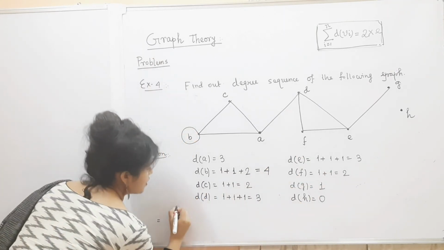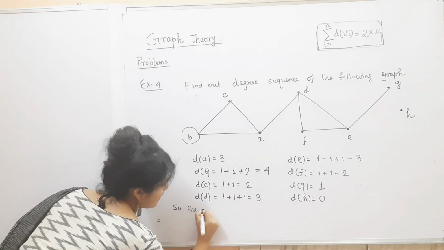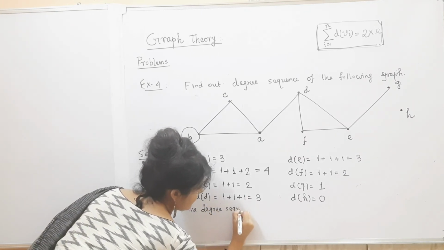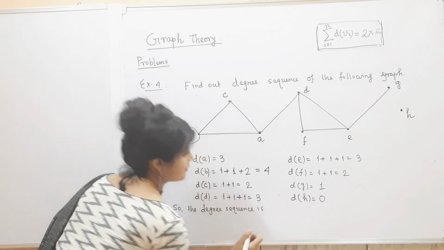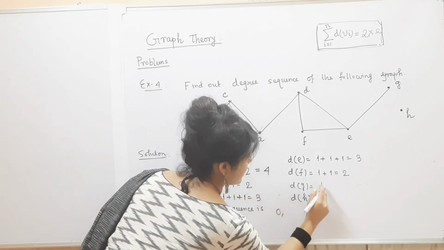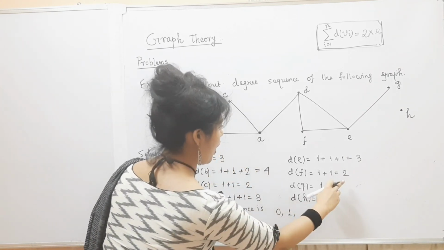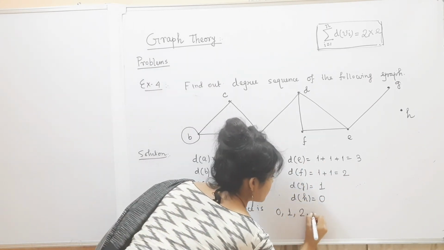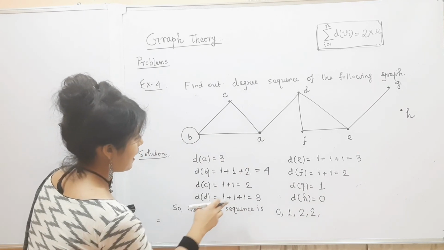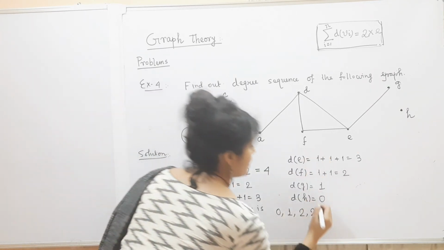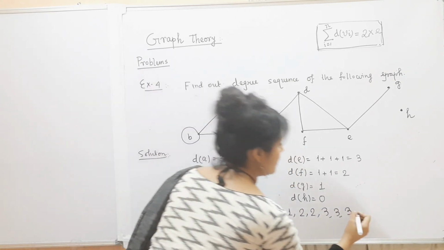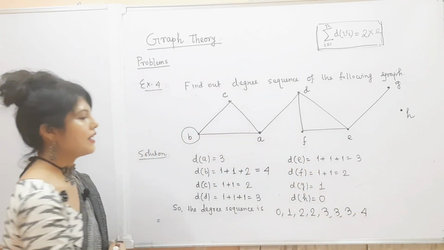So the degree sequence is 0 first, then 1, then how many 2's are there? 1 and 1, these are two 2's, so 2, 2, and then how many 3's? 1, 2, 3, so 3, 3, 3, and finally 4. So this is the degree sequence.